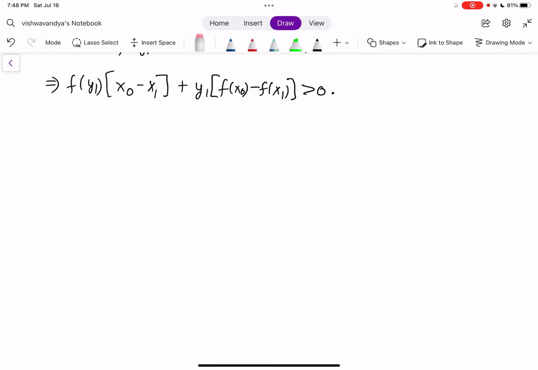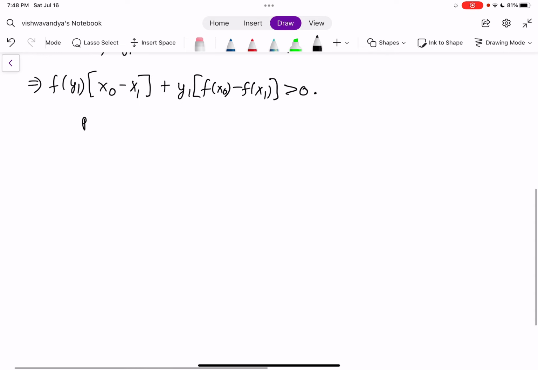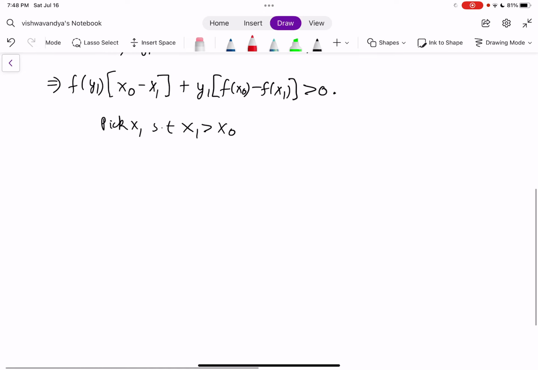Since x1 is arbitrary, let's pick x1 such that x1 is greater than x0. Now it's obvious that this is negative because x1 is greater than x0 and f of y1 is positive.